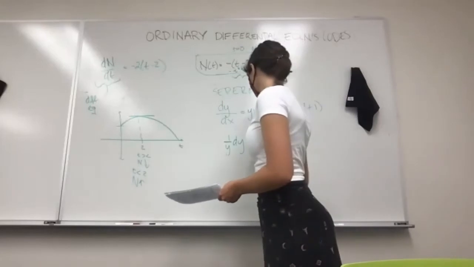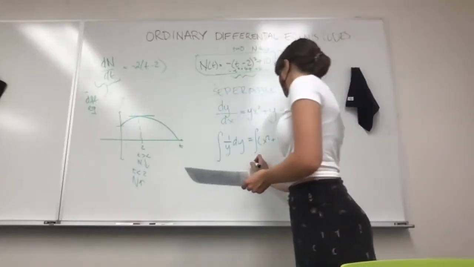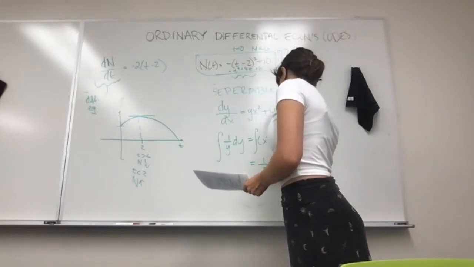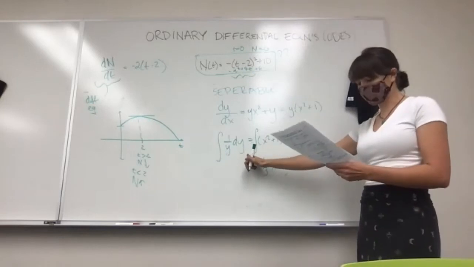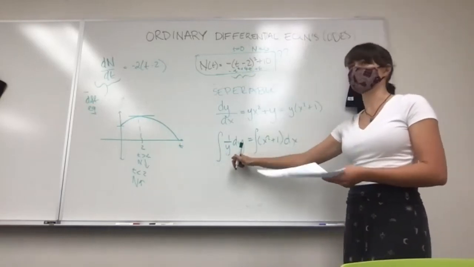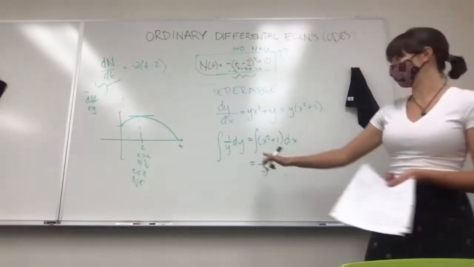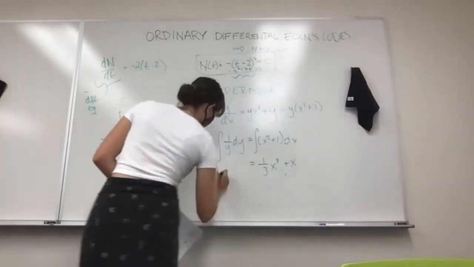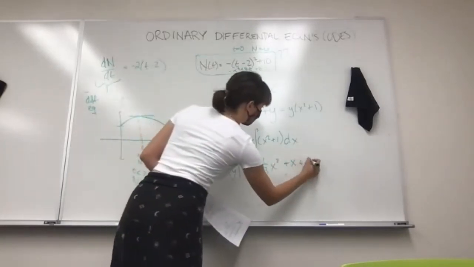So this side, easy math rules again. It's just 1/3 x cubed plus x. But on this side, you get this integral of 1 over y. And whenever you have the integral of 1 over your variable, it comes back to be the natural log of that variable.